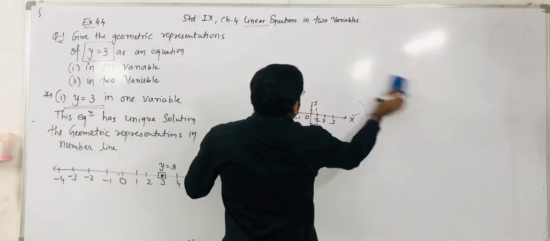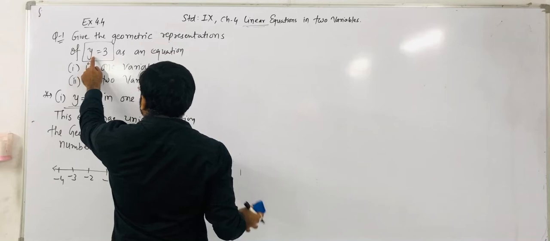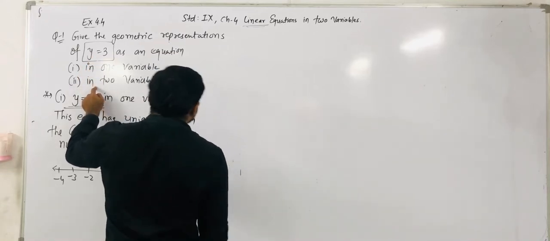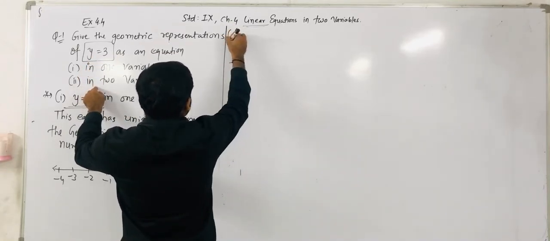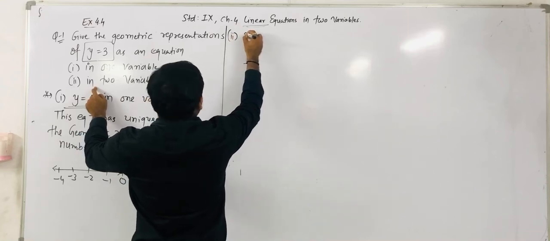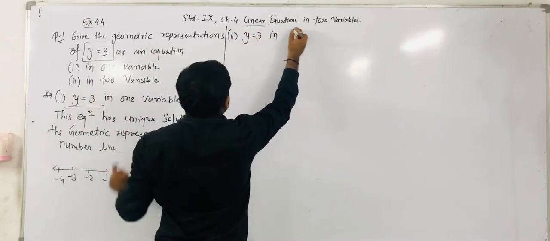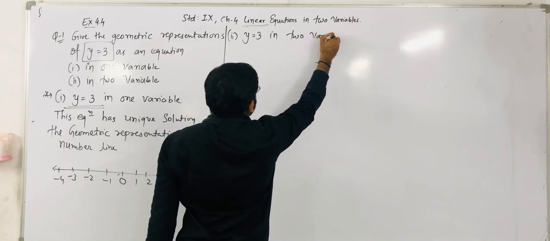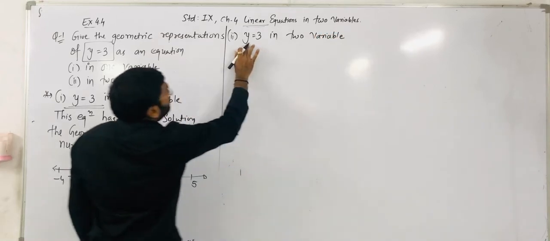Now second, we have to define that equation in two variables. So here I represent the second equation, y is equal to 3, in two variables. But in the given equation there is only one variable, y.